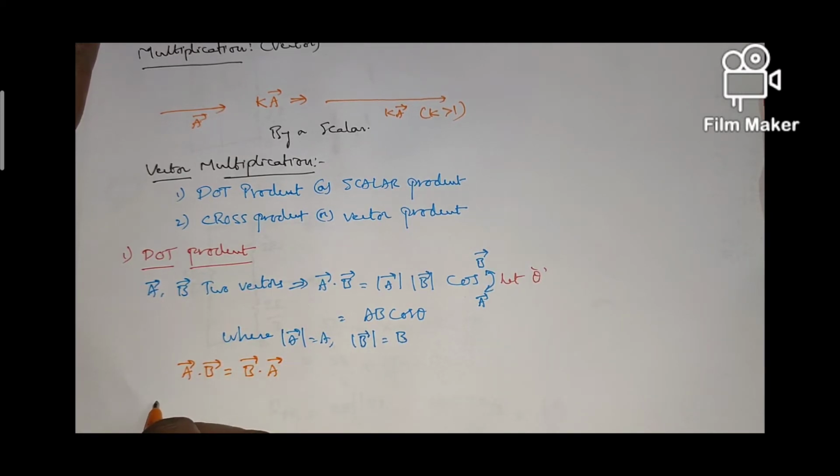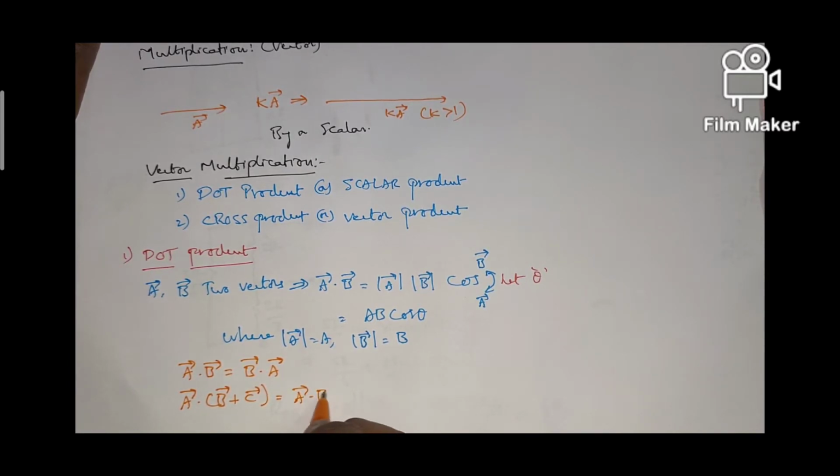Hence the commutative law holds good here. Similarly, if you consider the distributive law for three vectors A bar, B bar and C bar, such that A bar dot B bar plus C bar is equal to A bar dot B bar plus A bar dot C bar. The distributive law also holds good here, I mean for the dot product of vectors.